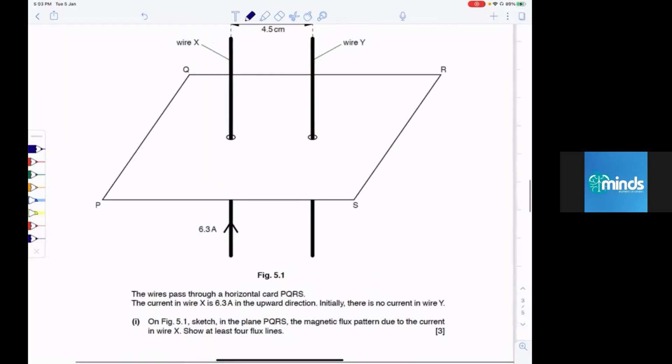So those 4 flux lines should be something like this. We will have one circle, then another circle, then another circle. And the most important thing is the distance between consecutive circles should be increasing.